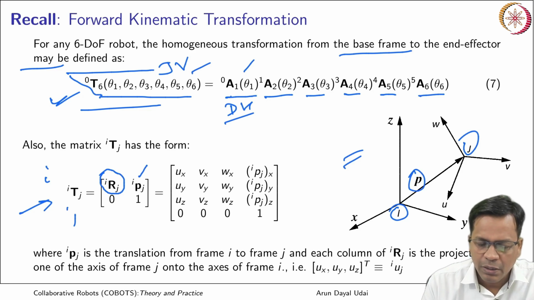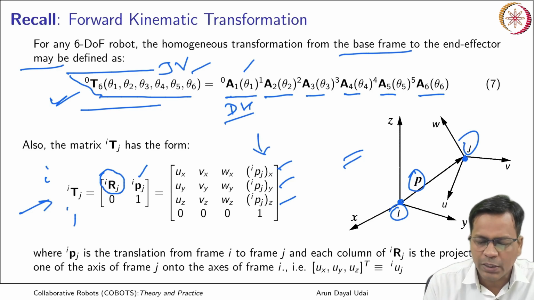So p j with respect to i, along x axis, along y and along z, are the projections of position vector p i to j along x, y and z. So this is the translation that has happened from i to j. So components of that are reflected in the last column.